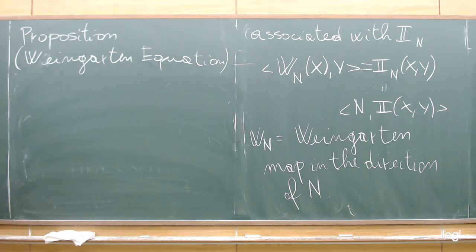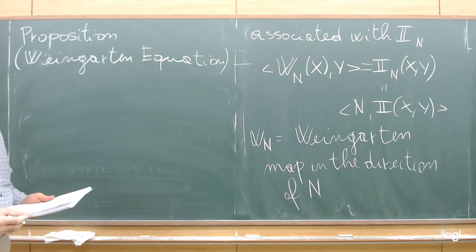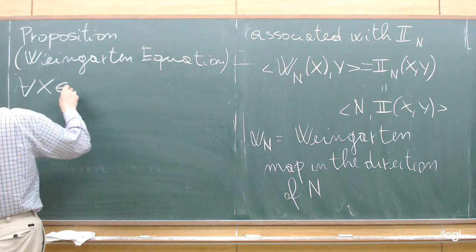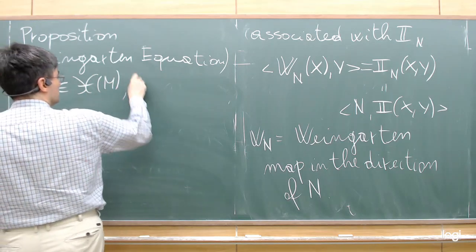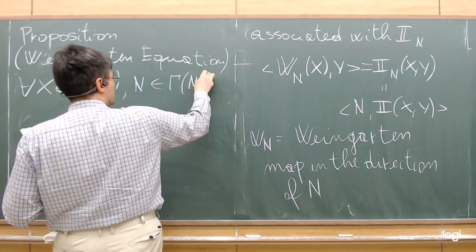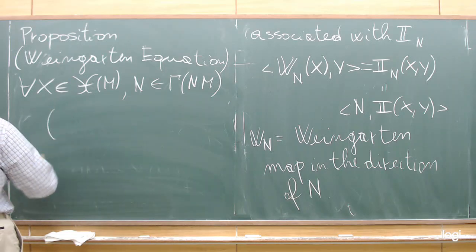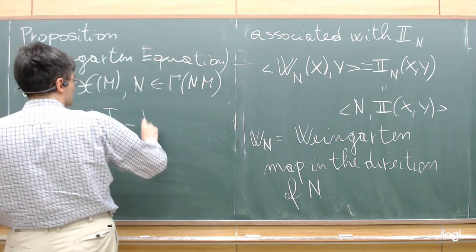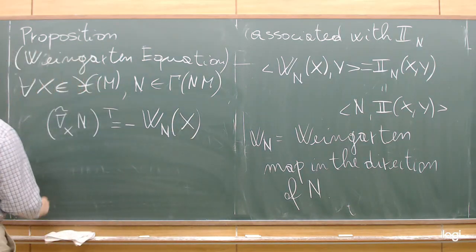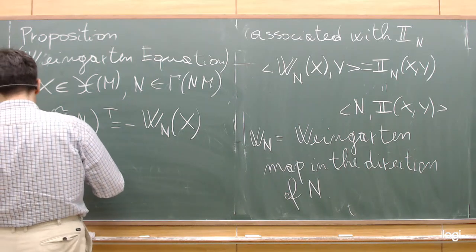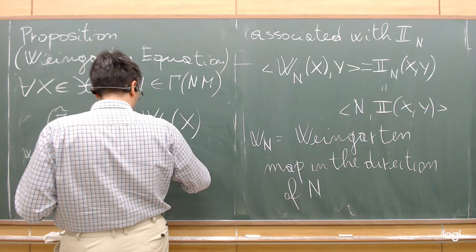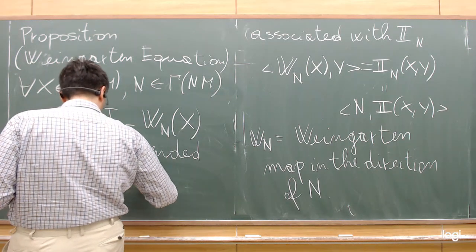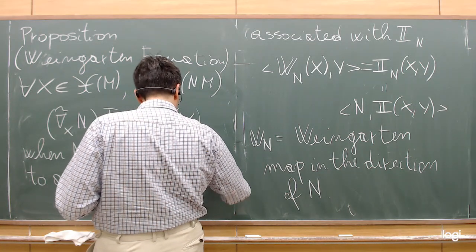If (M, g) is an embedded Riemannian submanifold of the Riemannian manifold (M tilde, g tilde), we have that for every X in T(M) and N in Γ(NM), then the tangential part of nabla tilde_X N is minus W_N X, when N is extended to an open subset of M tilde.